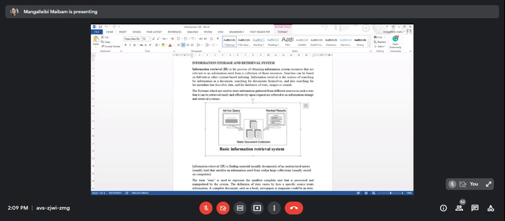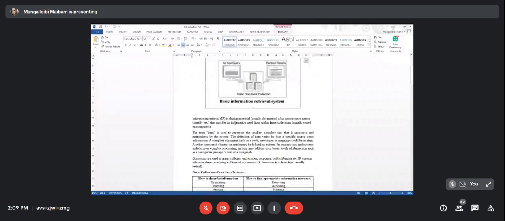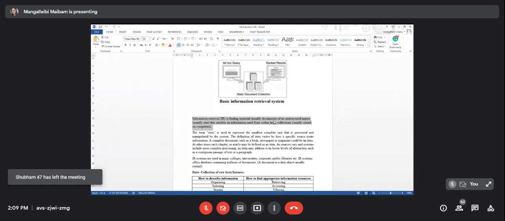Now coming to the information retrieval definition given in your textbook. It is stated here: information retrieval is finding material, usually documents. When we say information retrieval in our subject, we normally deal with text or documents.